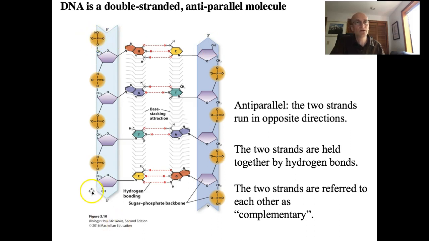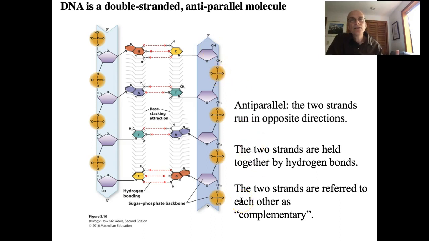Phosphate group here, hydroxyl group end here. So 5' to 3' here, 5' to 3' in the other direction here. And that is called anti-parallel. So they're next to each other, they're parallel to each other, but they go in opposite directions. So one this direction, one in that direction. So that is anti-parallel.